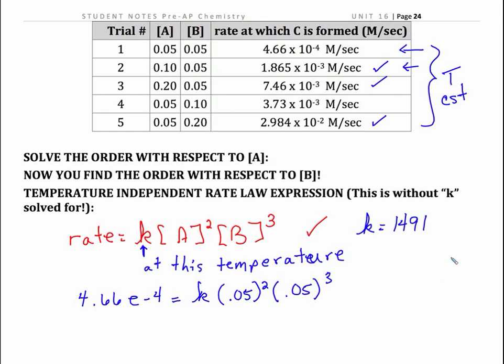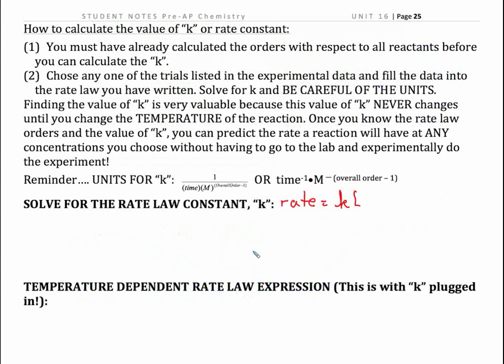Now, this is one of those times in which units communicate important information, and so we have to put the units in here for K. Our rate constant was 1491. To get our units, we take time. You look up at the experiment and you see it was seconds to the minus 1. The molarity to the minus, now the overall order was 2 plus 3 in ours.